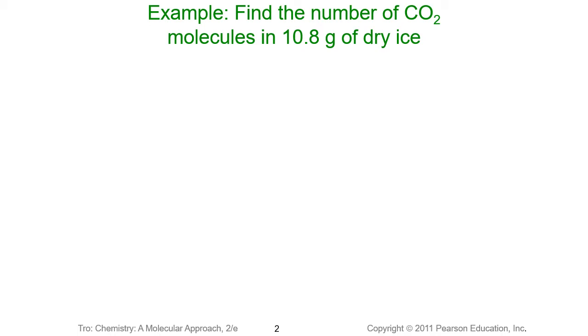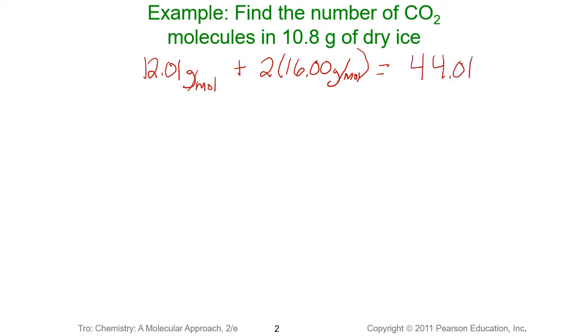So we're going to take the mass of our carbon off of the periodic table plus 2 times the mass of oxygen will give us the mass of our dry ice, or carbon dioxide.